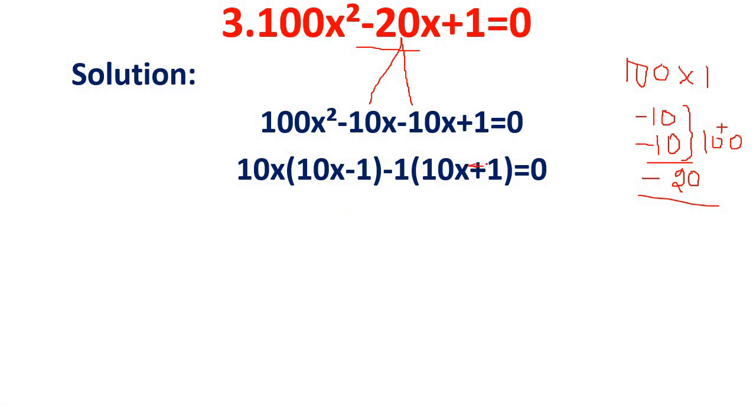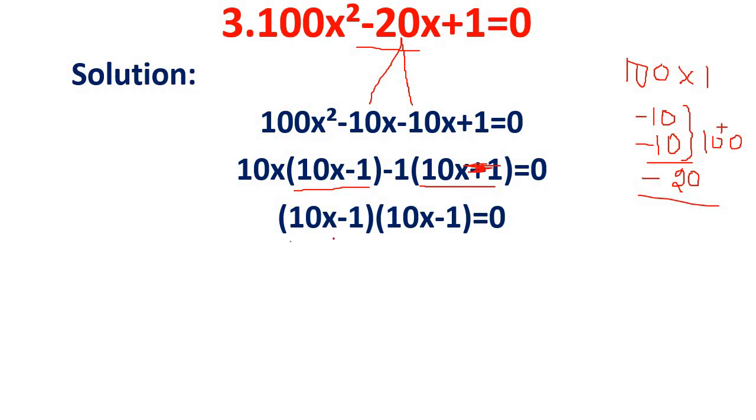Now it is equal to 10x minus 1, 10x minus 1. Now remaining term is 10x, then minus 1, which is equal to 0.